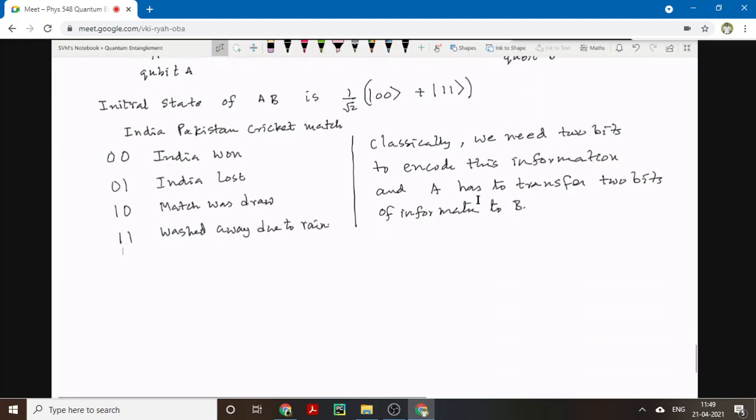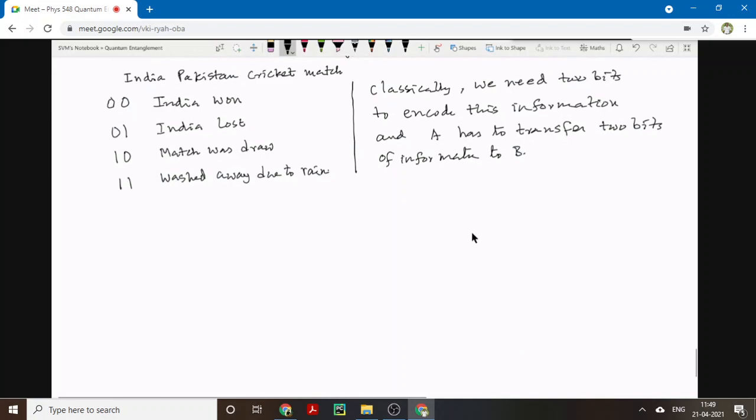So now what you can do is that A is going to do something like this. Suppose India is winning. Then A does nothing on this.